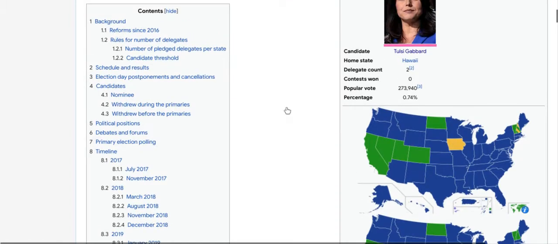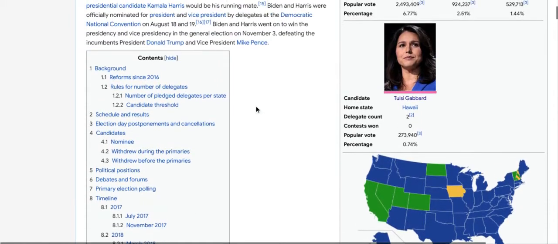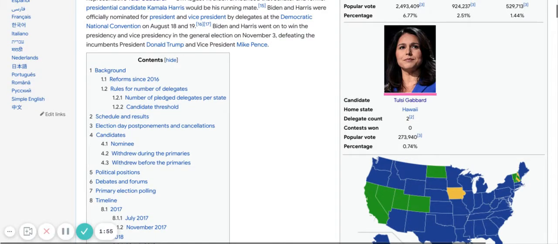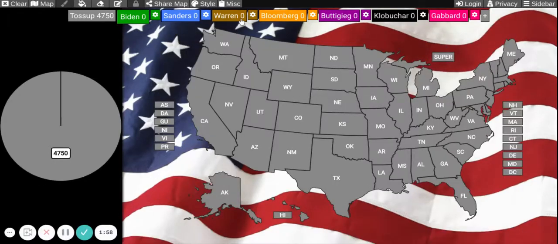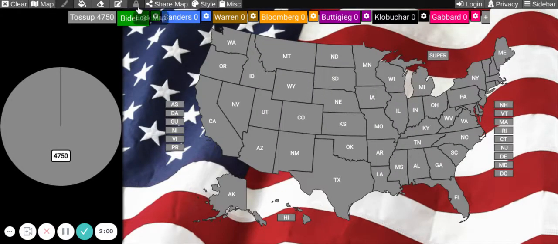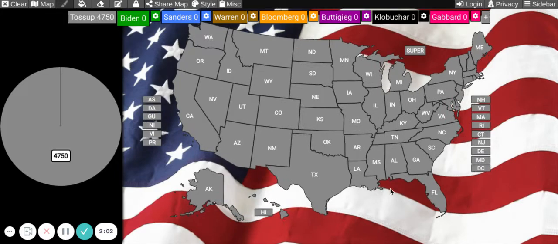And the first state that holds their election for the primaries is Iowa. That's why all the attention is on it first. Another thing you must note is that they have delegates, which is basically their electoral college. Also, territories can vote.